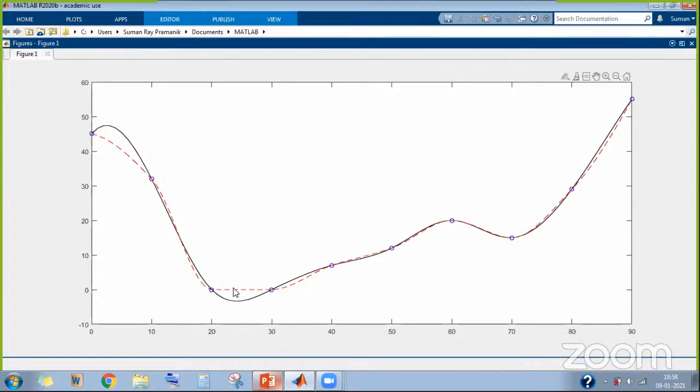And for these 2 points, because this point was also at 0 and this point was also at 0, it has kept a straight line. So it tries to maintain monotonicity between the 2 points, whereas for a spline, it tries to create a smooth curve. They both have their implementations, and according to the situation, we have to use what we want.